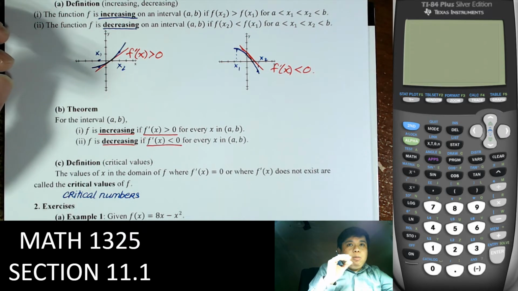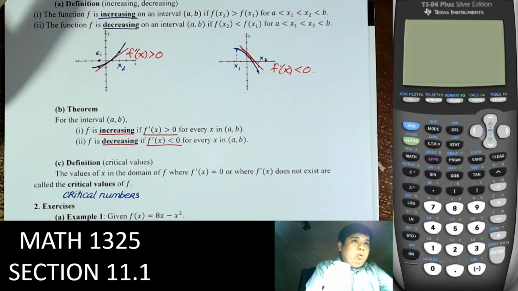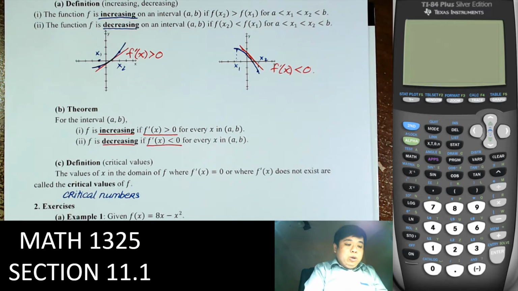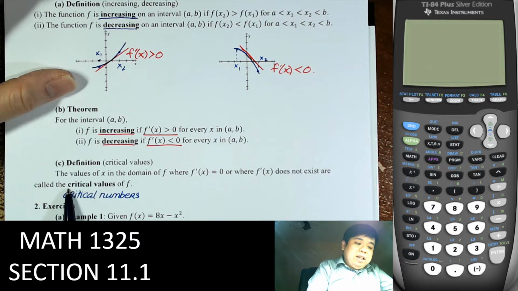When we talk about points, we refer to a point that has x and y coordinates. So we will not use critical points to refer to the values of x. We use critical numbers to refer to the values of x, and we call the critical values just the x values. We can say critical values or critical numbers.